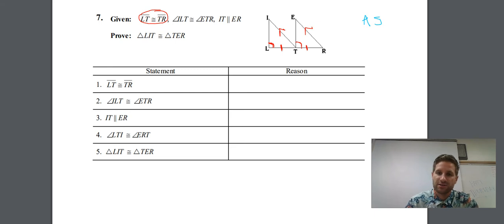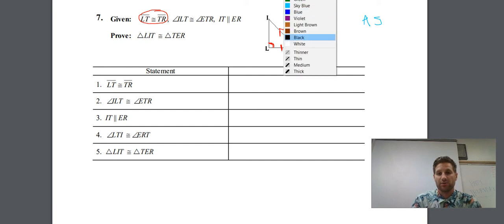Well, considering these two lines are parallel, that means LR is our transversal, and that means this angle right here should be congruent to this angle because these are corresponding angles. Kind of hard to tell, but those would be corresponding angles. So we should be able to prove this by angle, side, angle.